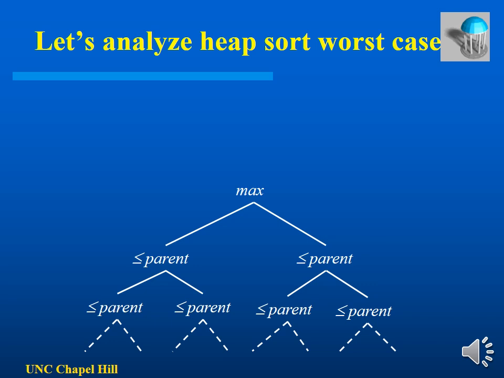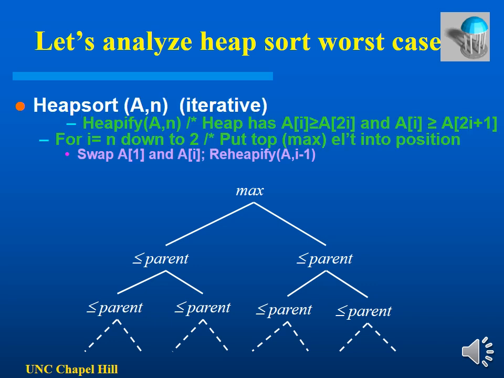So now we remind ourselves that heap sort consists of first taking this file, which is initially a binary tree that is not a heap, and making it a heap. We call that heapifying.